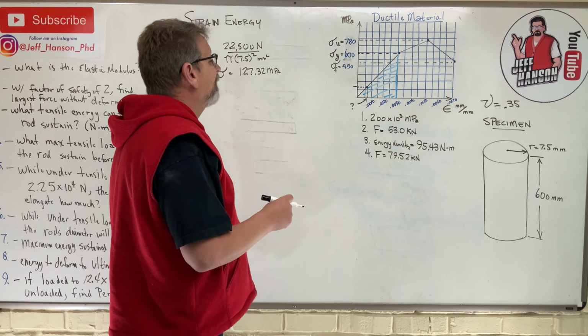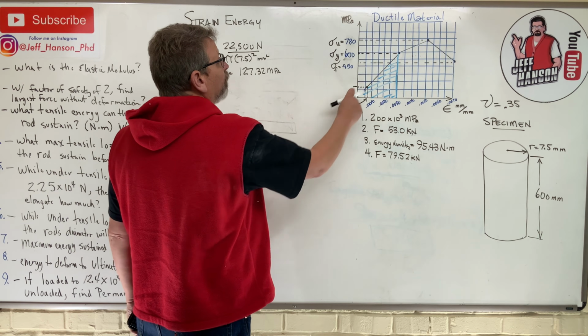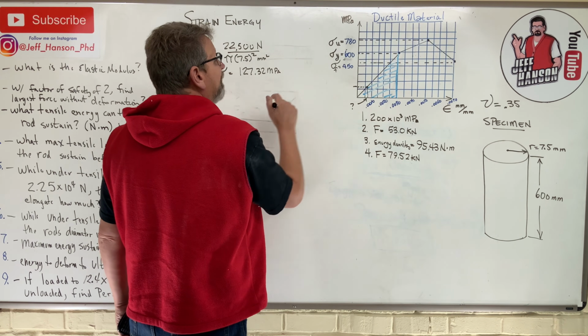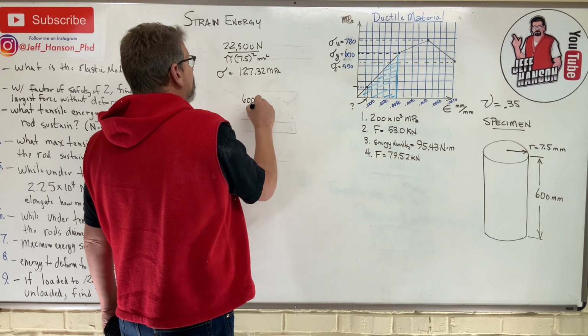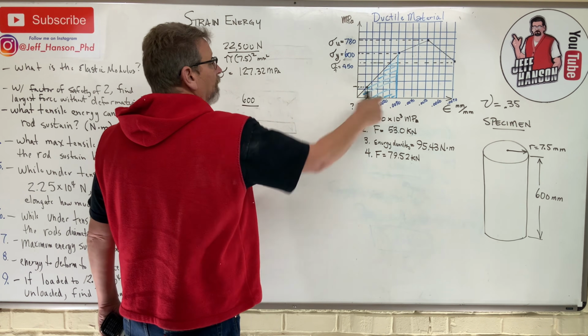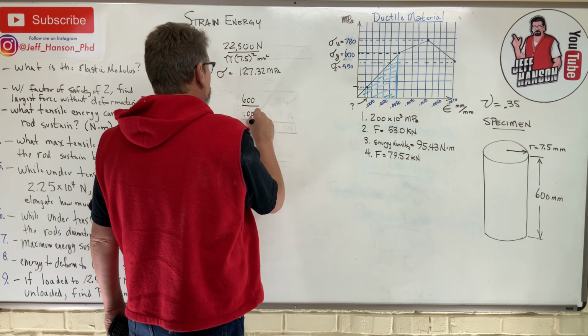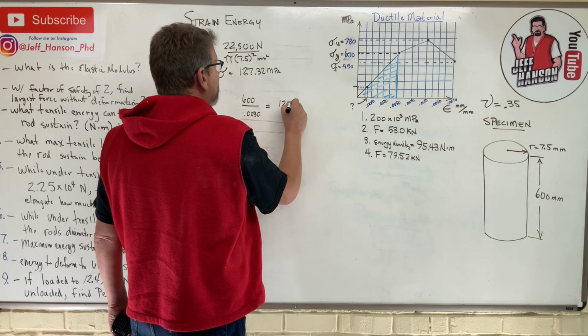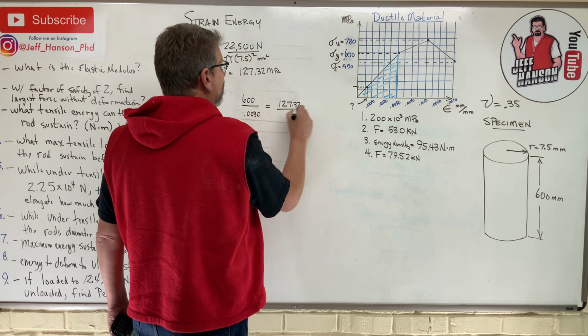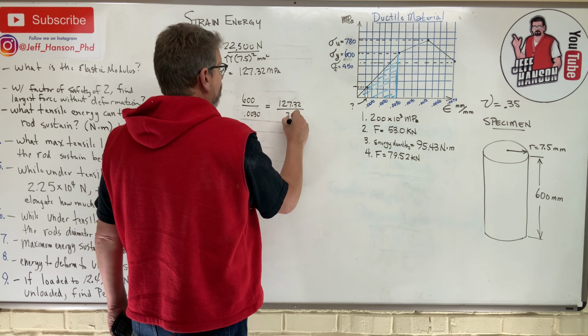Similar triangles, right? So here we go. Since we're on this same slope line, we could say 600 megapascals is to 0.0030 as 127.32 megapascals is to, I don't know, X, right?